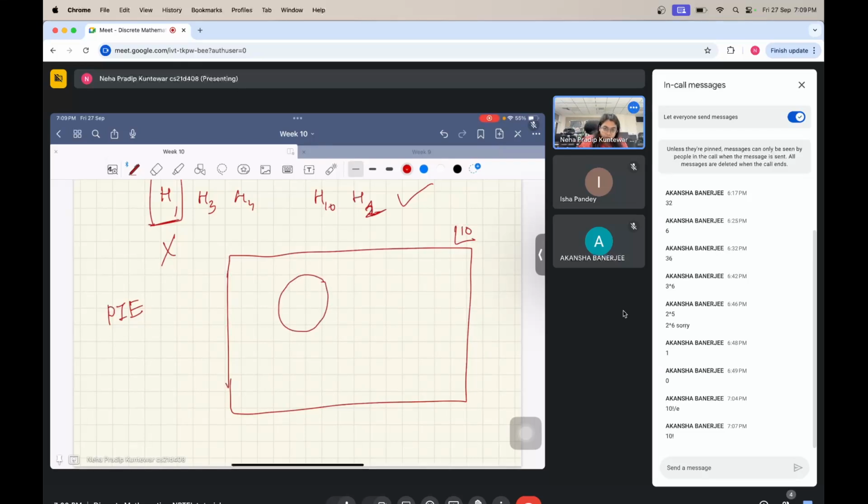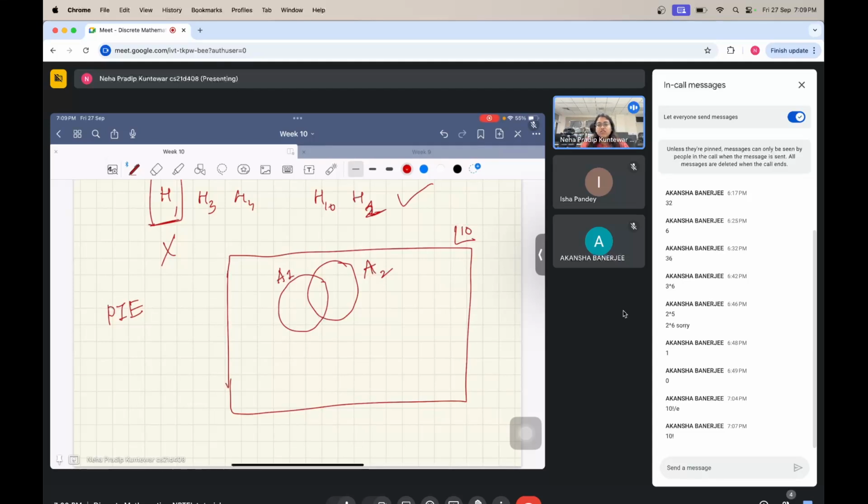Out of this, some are bad, because there is at least one person who got back their own hat. Then let's say there are two people who got their own hat, and so on.